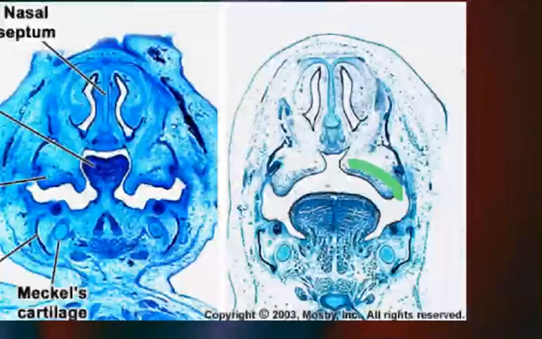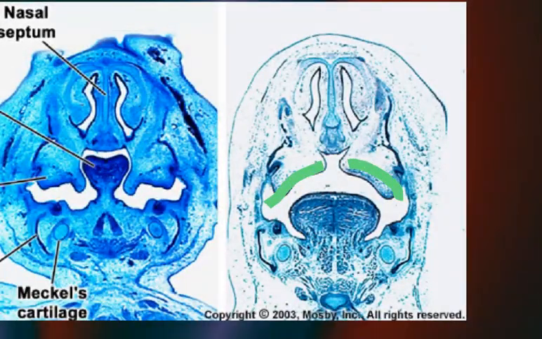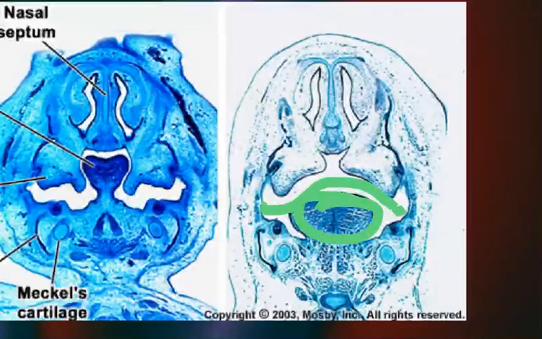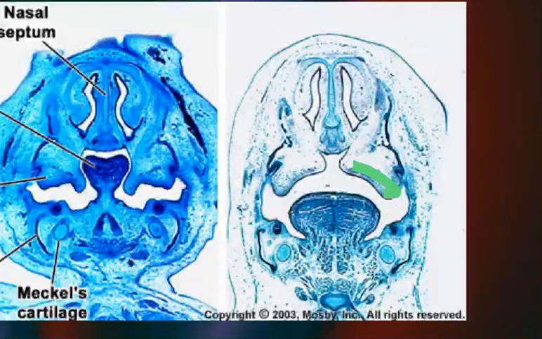Characteristic of week 8 is the horizontal growth of the lateral palatal shelves. Because the tongue drops down, because the oral cavity is getting bigger during week 8, the lateral palatal shelves can now grow horizontally to meet each other eventually in the midline.